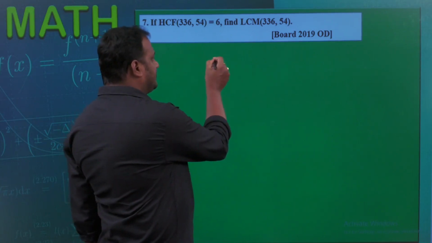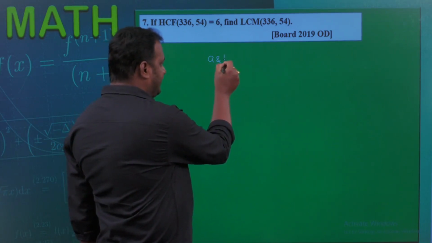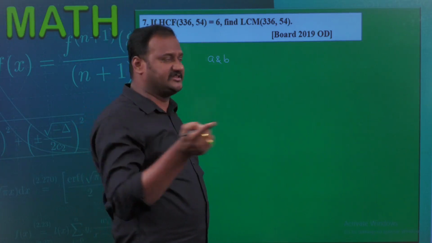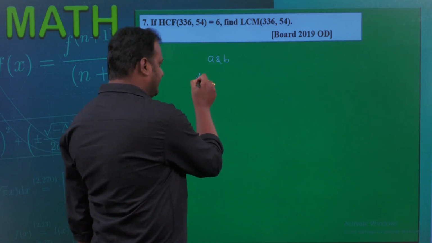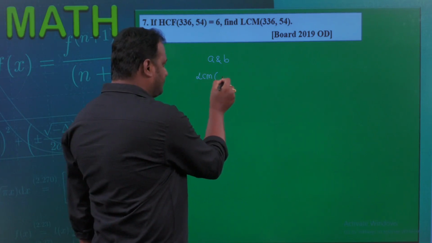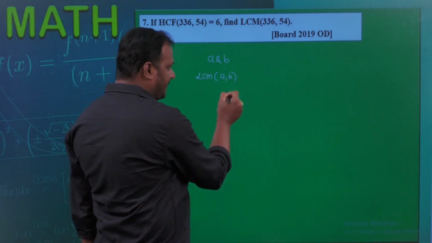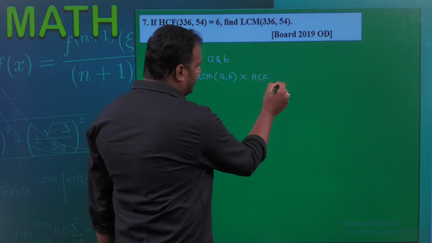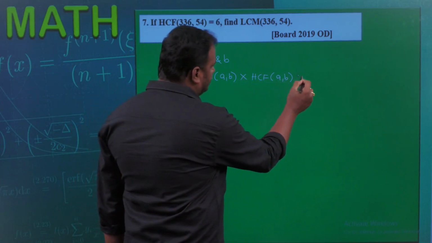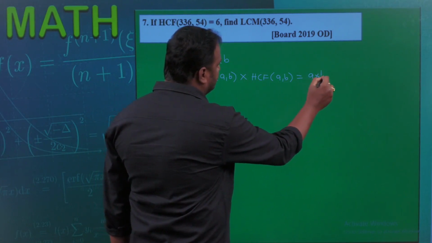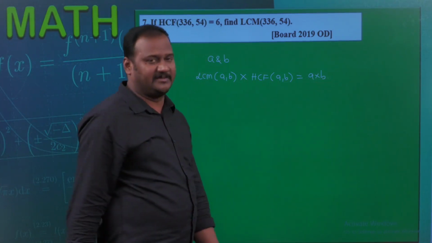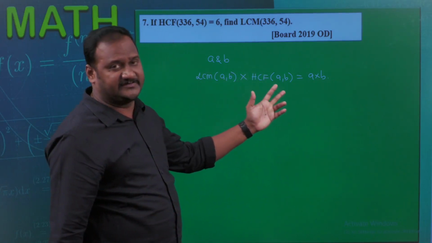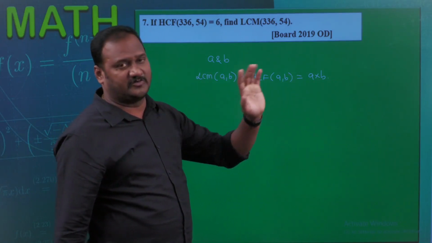If your two numbers are A and B, then the relationship is: LCM of A, B into HCF of A, B is equal to the product of those two numbers, A multiplied by B.